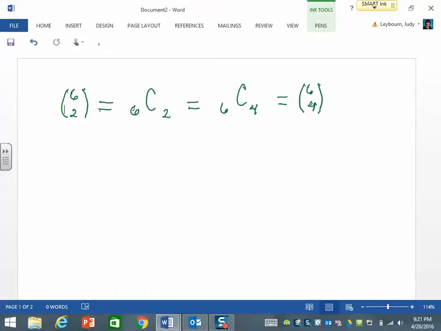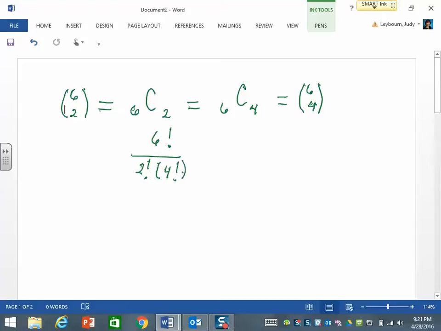And again, this 6 choose 2 would be 6 factorial divided by 2 factorial, as well as 6 minus 2, or 4 factorial.